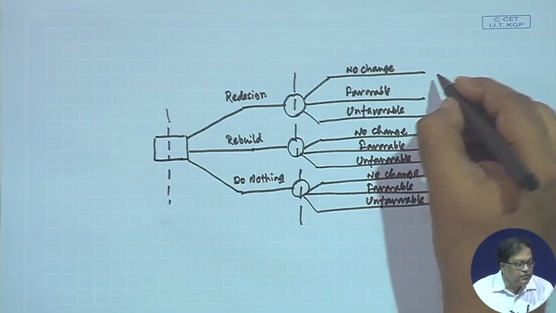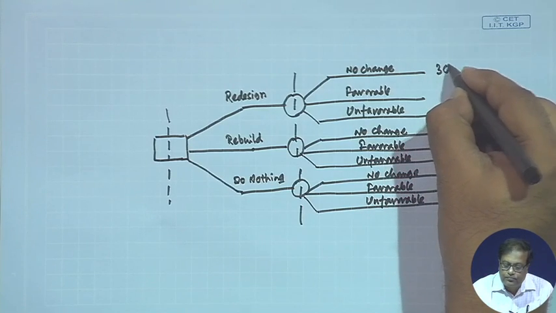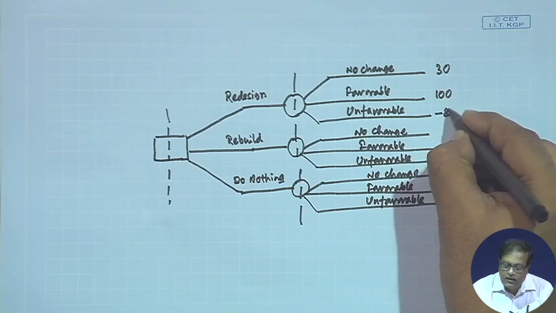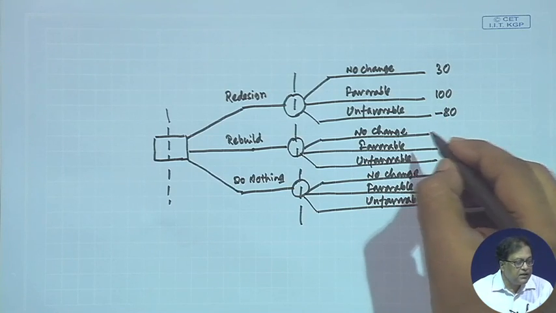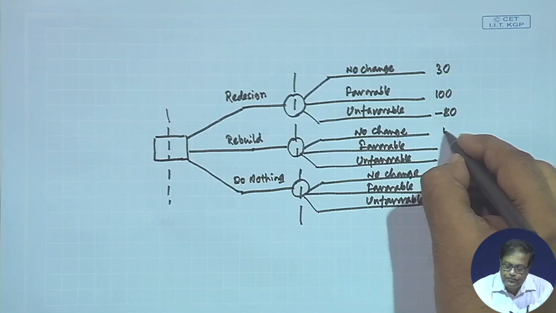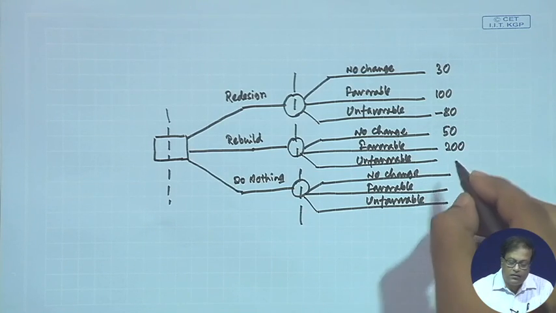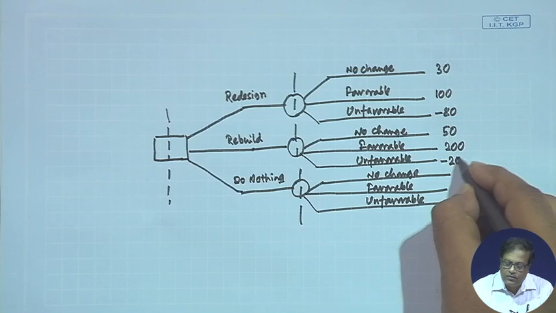The payoffs for the first one: 30, 100 and minus 80. The payoffs for the second one: 50, 200 and minus 200.